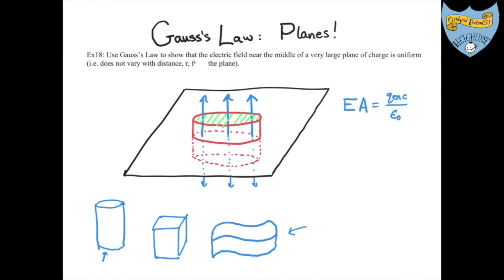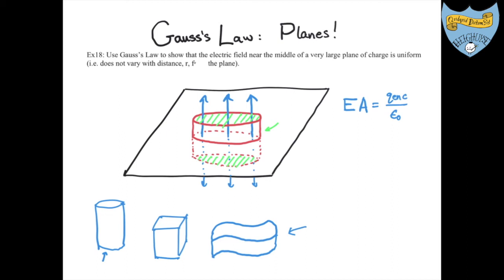All right, and the bottom, right? The lines are also going down, and my Gaussian surface, if you can understand this from my dotted lines, is going through the actual plane. There's flux through the top of it and also through the bottom of my Gaussian surface, because some lines are going through the top, some are going through the bottom. There is, however, no flux through the curved surface area.